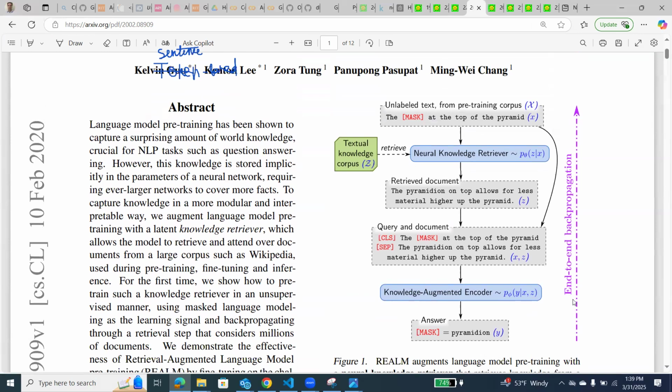So the idea here was to create the embeddings for documents, for the entire documents in our data set.